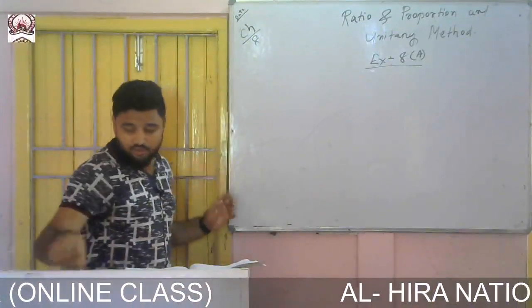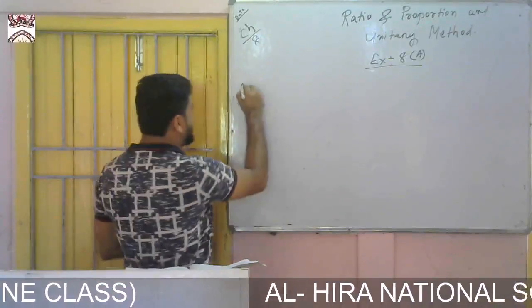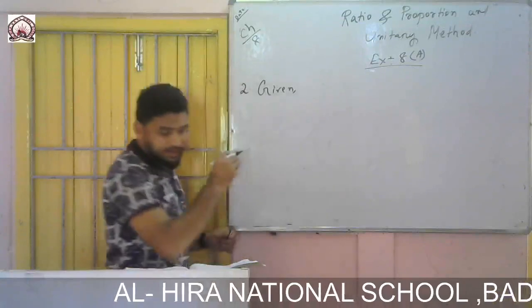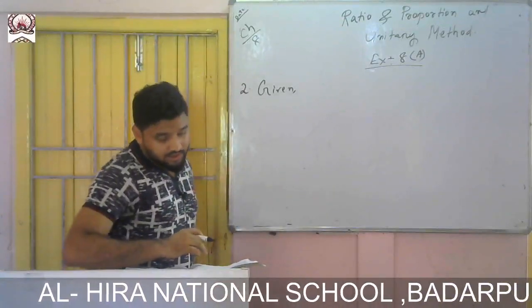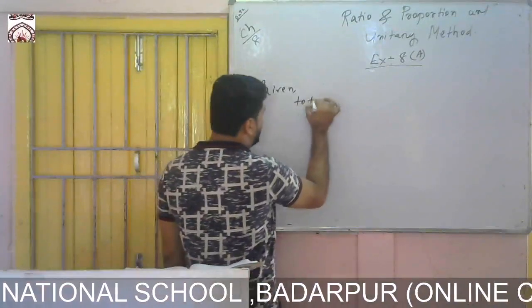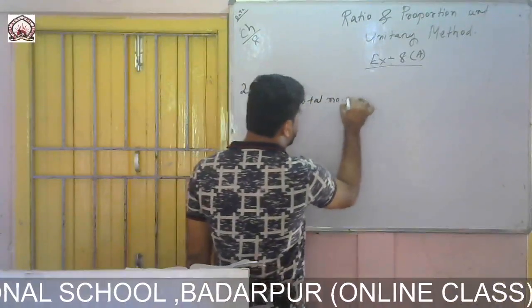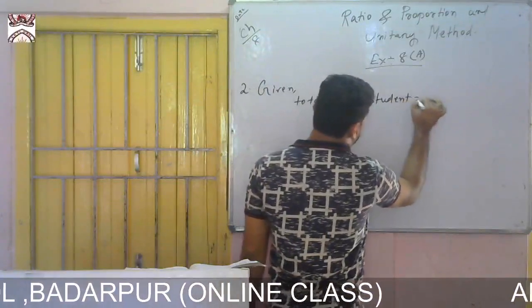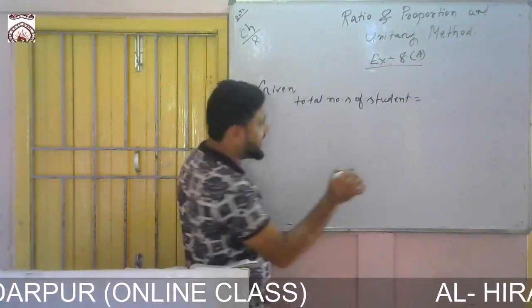So see question number 2. Given total number of students equals 2500.